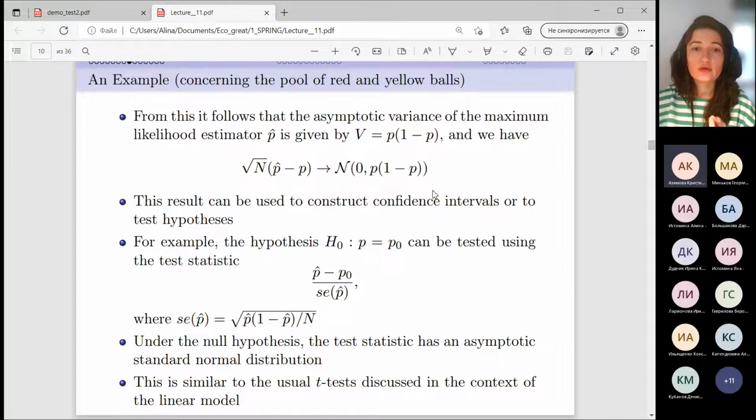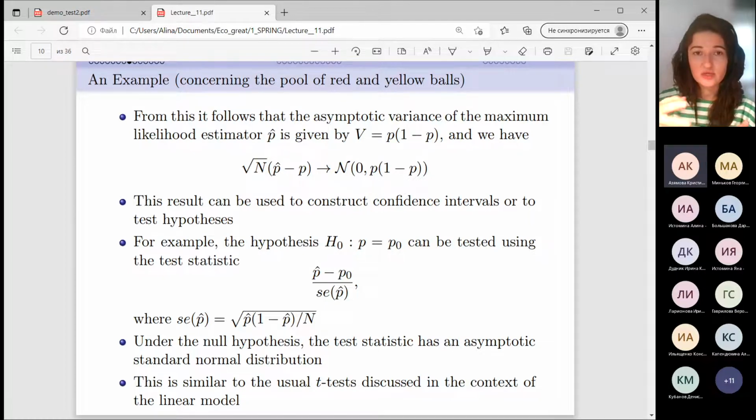But also you need to remember that as well as in the ordinary least squares method, in the maximum likelihood method, you also need to find the variance because it's very important. From the variance we obtain the standard errors, and when we obtain the standard errors, we can conduct the test statistic, we can construct the confidence intervals, we need to check the significance of our results.